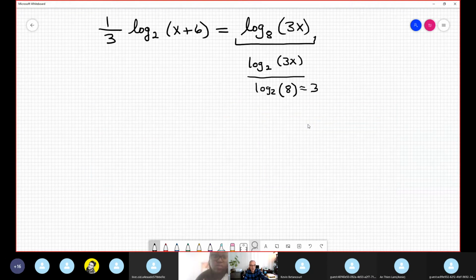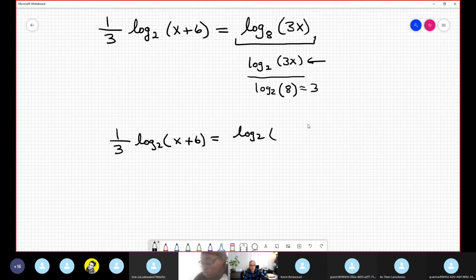So far, my equation is 1/3 logarithm base 2 of x plus 6 is equal to logarithm base 2 of 3x, divided by 3. Ooh, I like that because I see 3.